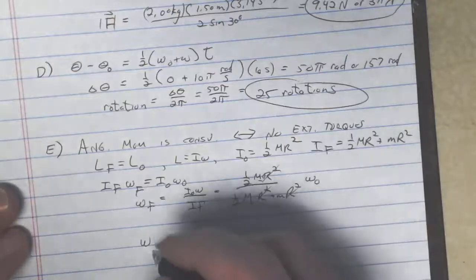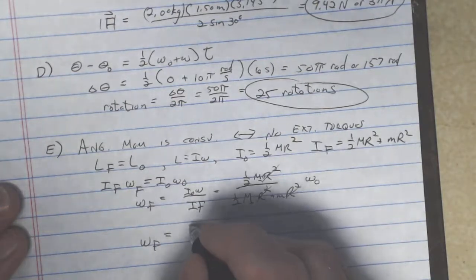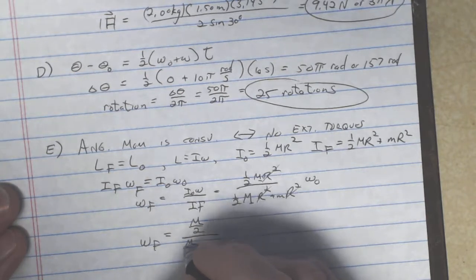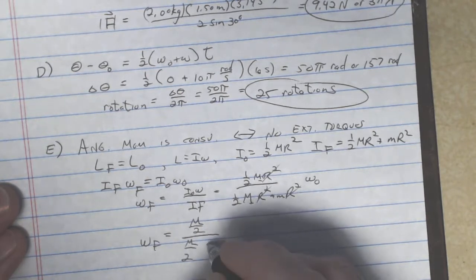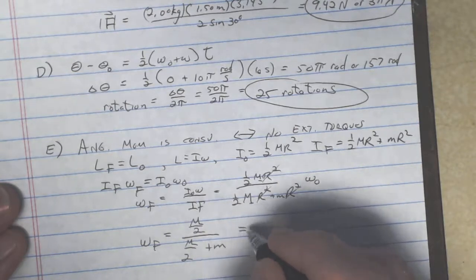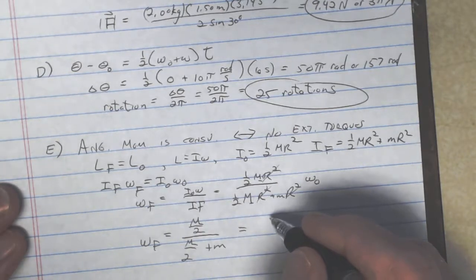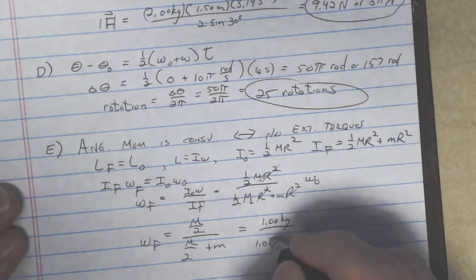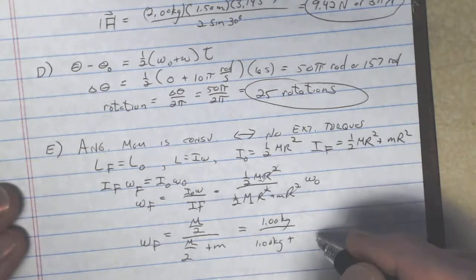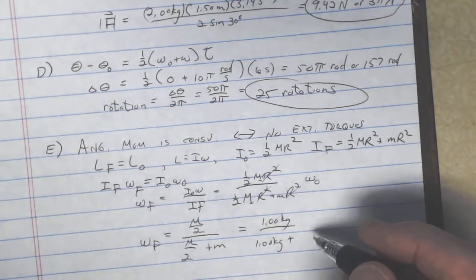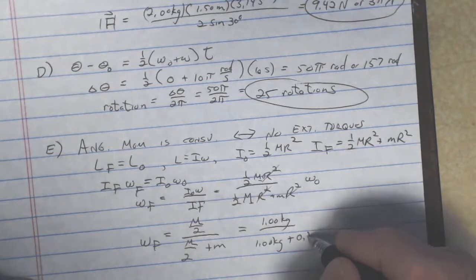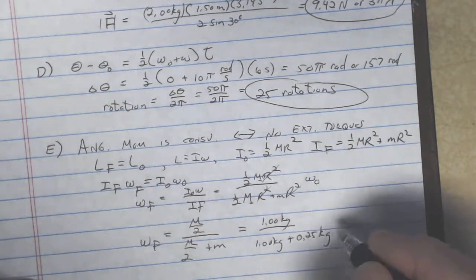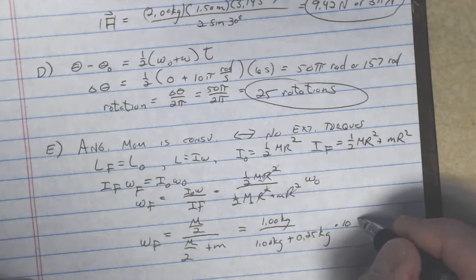So omega final is just equal to capital M over 2, the mass of the disk, over M over 2 plus little m. Plug in the values. The disk has a mass of 2.0 kilograms, so half of that is 1.00 kilograms, divided by 1.00 kilograms plus the mass of the magnet, which is 0.25 kilograms, all multiplied by omega naught, which is 10 pi.